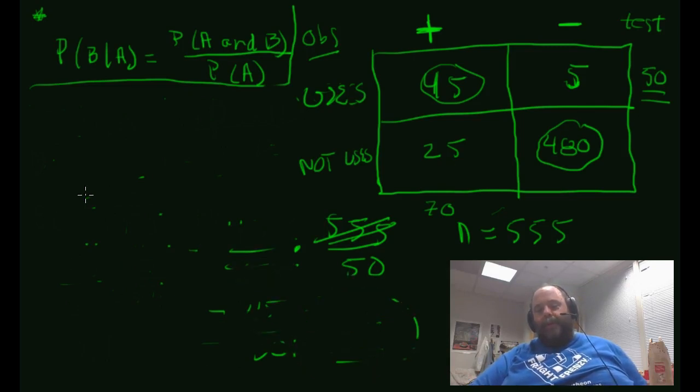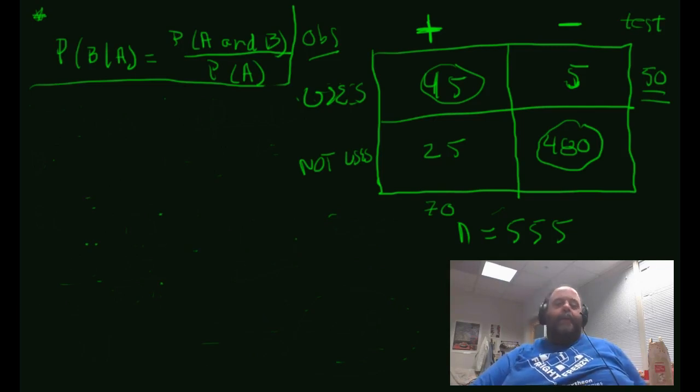So we want to take the inverse of that, right? Which is really probably the number that we actually want to know if we want to know if this test is effective. So let's find the probability of D given P.